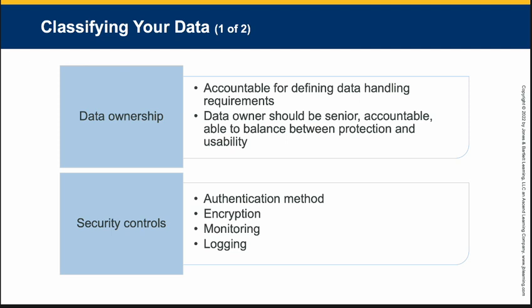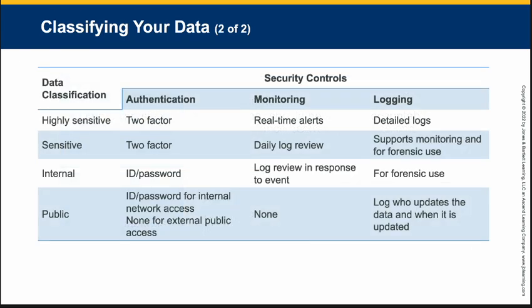Also, in the case of security control, we have high sensitivity, sensitive, internal, public in terms of authentication. In the table we have two-factor, monitoring, real-time alert, logging details, things like ID, password, and forensic use.